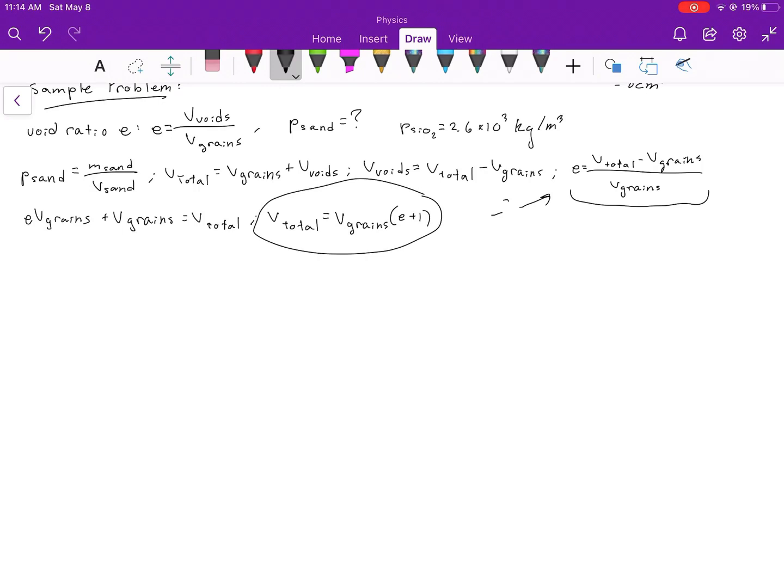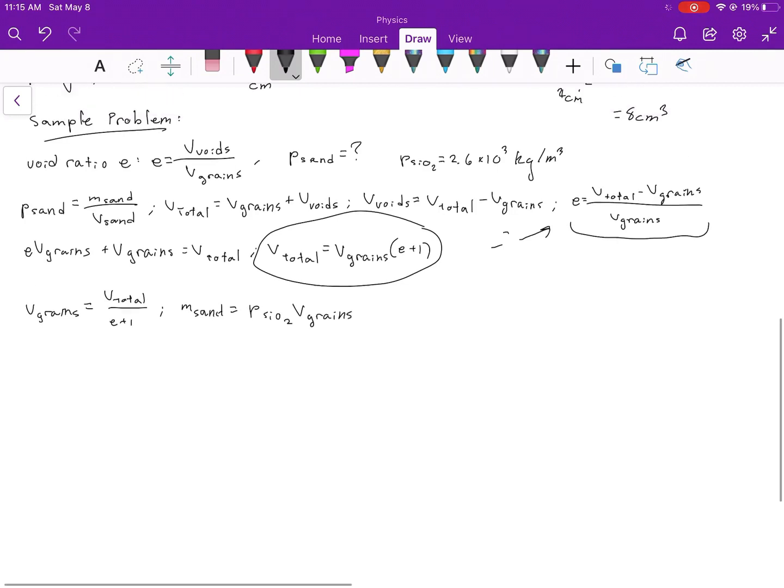So what we're trying to do is just find V grains with this equation. So now we know that V grains is equal to V total over e plus 1. Okay, so the mass of sand is equal to ρ SiO2 times V grains.